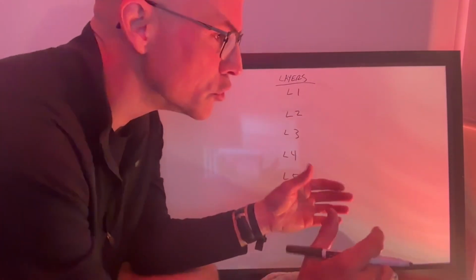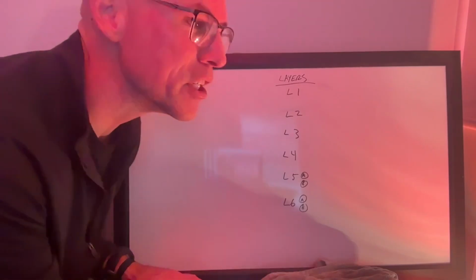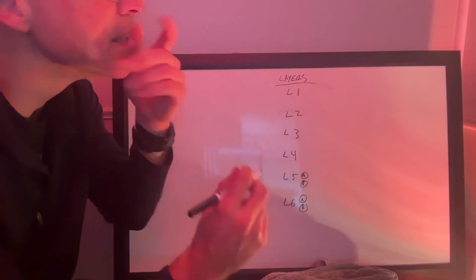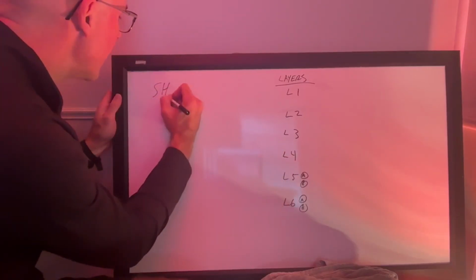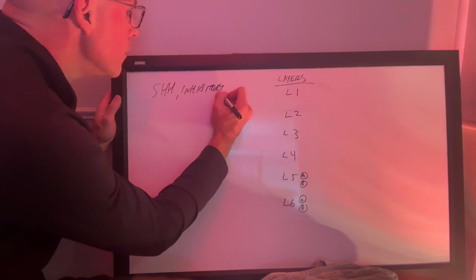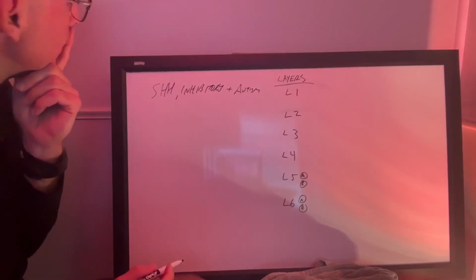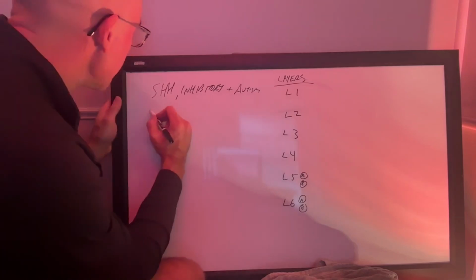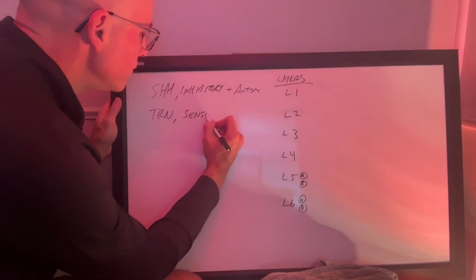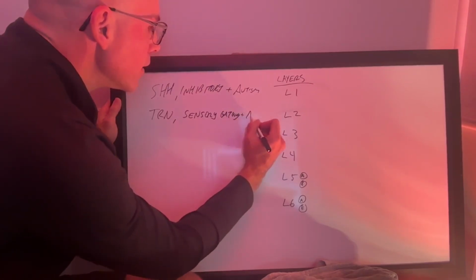And this is huge. So some of the episodes recently about excitation and inhibition that are kind of a region of interest are Sonic Hedgehog, inhibitory neurons, and autism. And thalamic reticular nucleus, sensory gating, and autism.